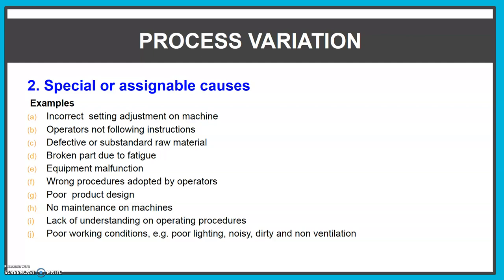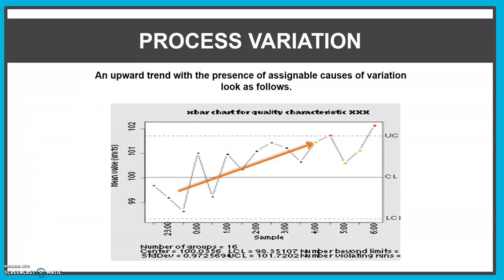Such as incorrect setting, suddenly you put the wrong setting there. Then the operator does not follow instruction. Defects of your raw material, broken part, wrong procedure, poor production design, no maintenance at all, lack of understanding, poor worker, the worker is too tired.